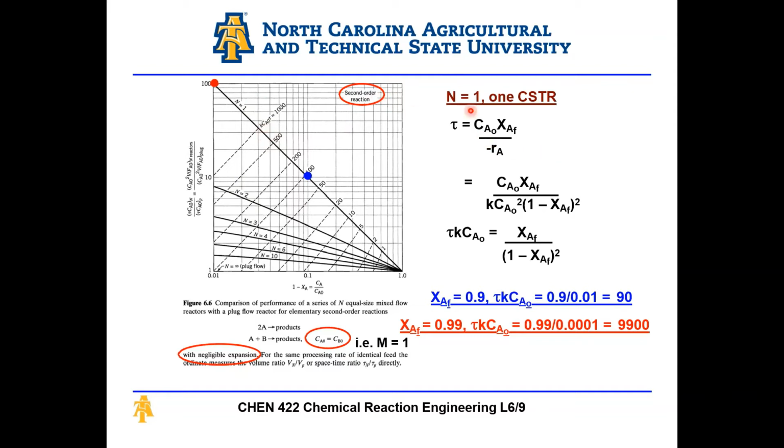And again, for n equals 1, for 1 CSTR, we can see here that if you want to achieve a conversion of 90%, so XAF is 0.9, so 1 minus XA is 0.1, the ratio of volumes for n equals 1 is 10.